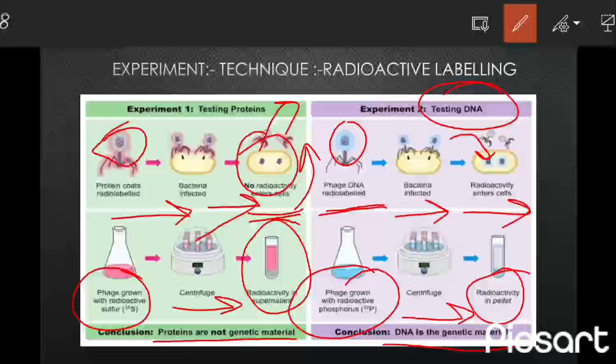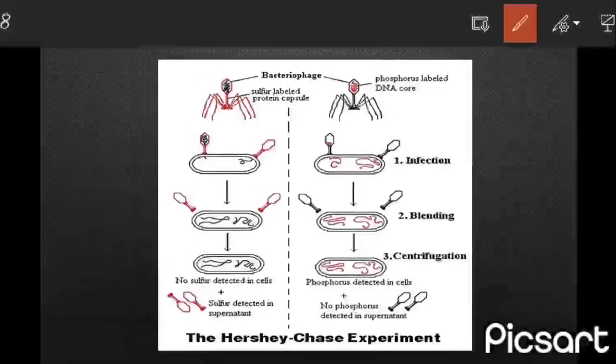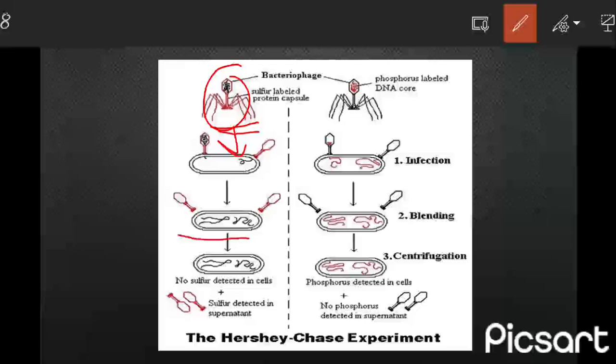Understood? This is the easiest flow diagram of the Hershey and Chase experiment, where you can see the phage particle whose protein coat was labeled with sulfur. Then infection was carried out, and after blending, no sulfur was detected inside the cell, but sulfur was detected in the supernatant.